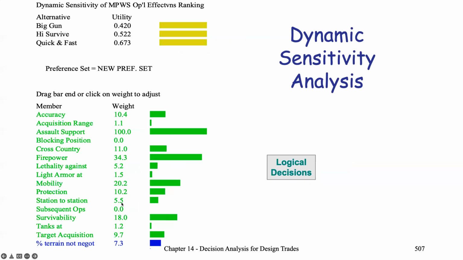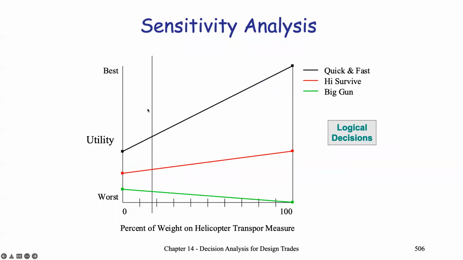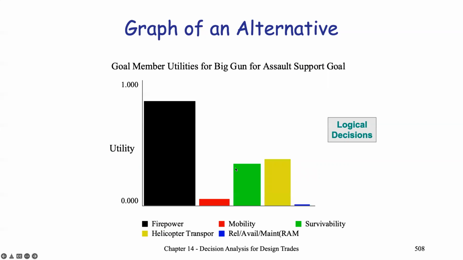So we have these various weights, and we had a diagram showing the weight trade-off for this one example, but you can modulate this a little bit and see what the impact would be if we were to update those based on some other criteria. Now we have a graph of an alternative.